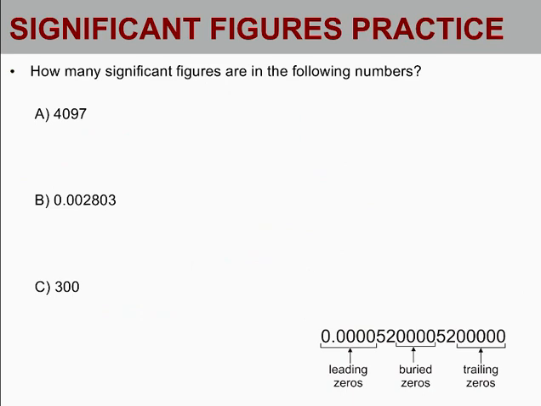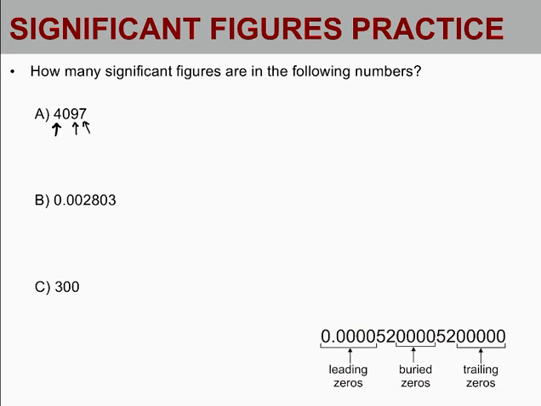So let's do a couple of practice problems to determine significant figures. And if you want to pause the video and try this problem on your own first, you can. So let's go over the first one. In A, we have 4,097 as our value, or our measurement. And we want to determine how many significant figures are in this number. So we have three values that are not zero.